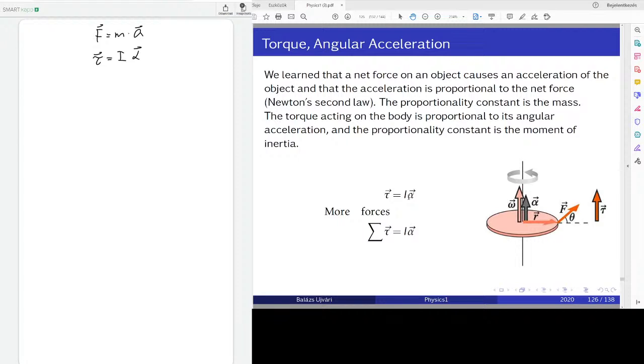Of course, if there are more forces, they will create the net force, which will be equal to ma. If we have more torques, you can calculate the net, and that will create the angular acceleration.